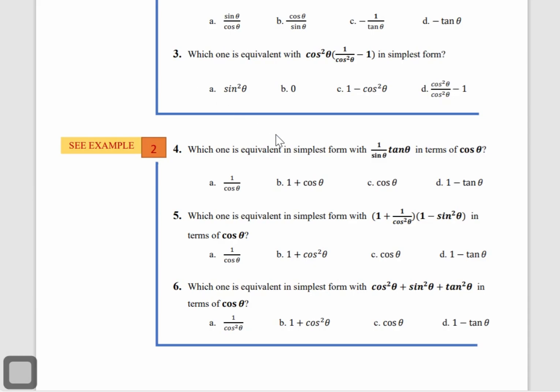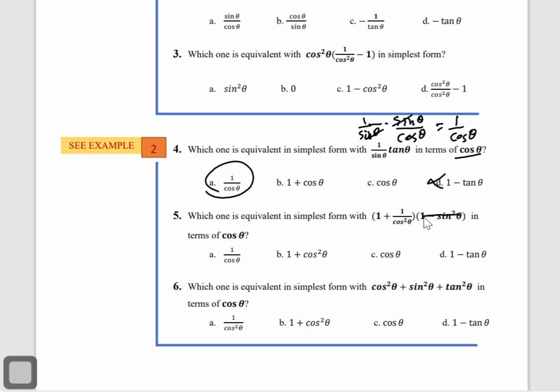For example 4, we have to write in terms of cosine, so branch D is not true. 1 over sine, we have as itself, multiplied by tan over tan, where tan is sine theta over cosine theta. These two will cancel. 1 over cosine theta is remaining. So branch A. For example 5, we can solve it like this. 1 plus 1 over cosine theta, and we have this one.